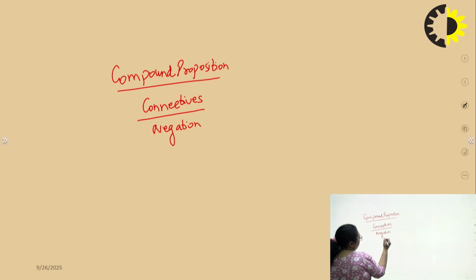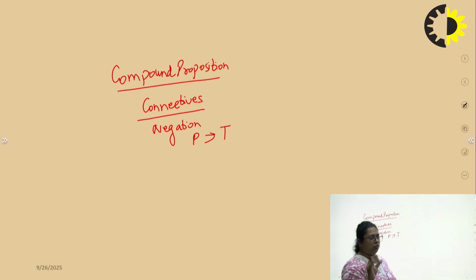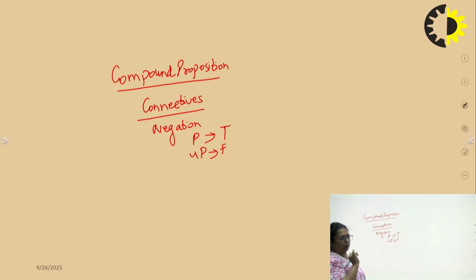So, what is negation? Suppose I have a proposition P and its value is true. Negation means reverse. If a proposition has the value true, then its negation, denoted by this sign, will be false, just the reverse of the value true.